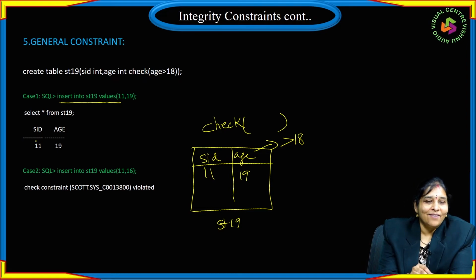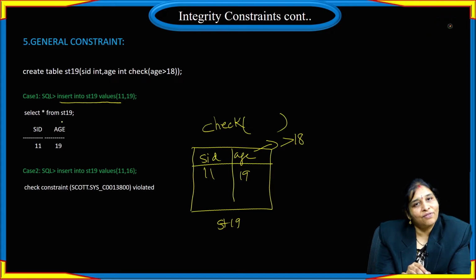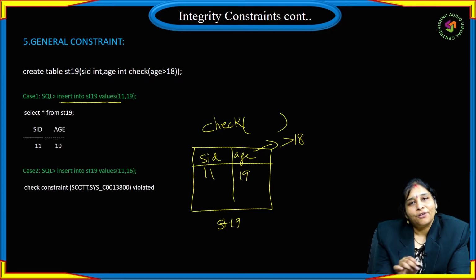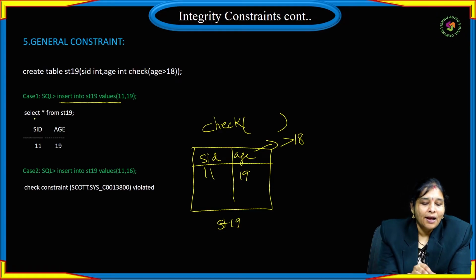Once I have inserted and I want to retrieve those values, I'll use select star from student 19 and immediately it has given me SID 11 with age value 19.